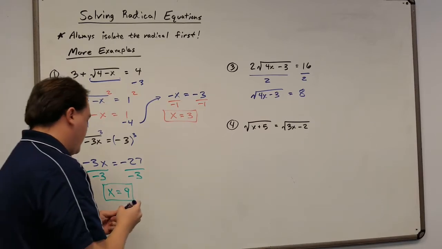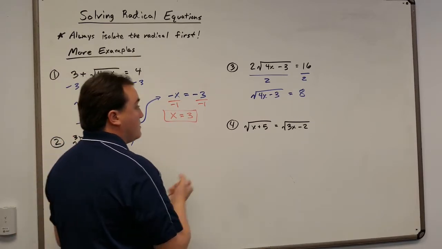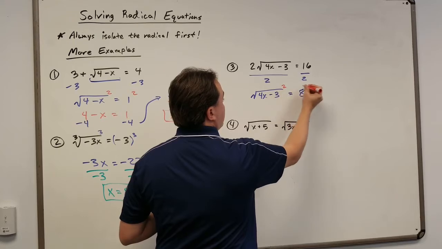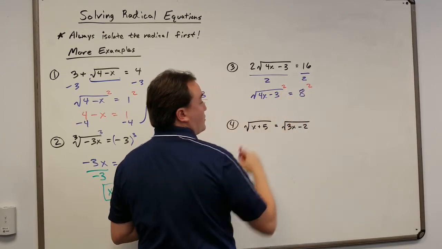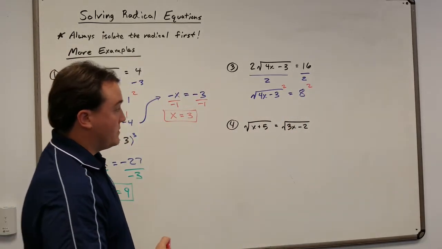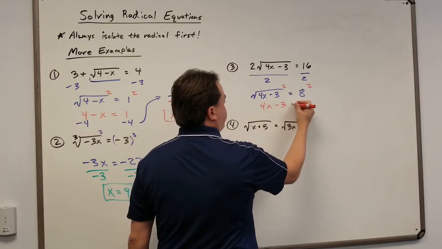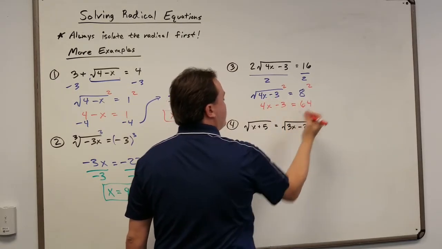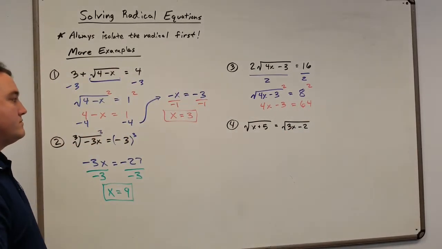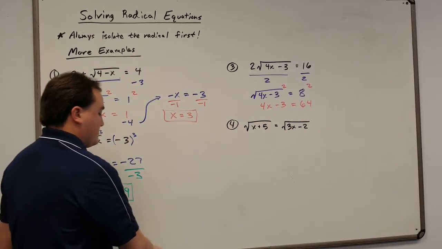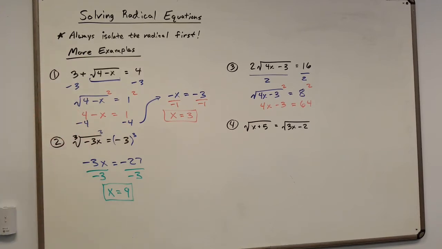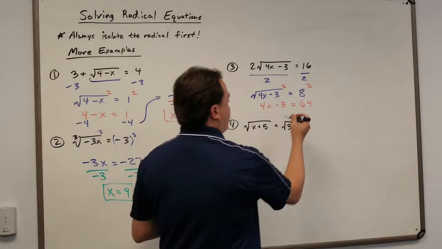Then square both sides. Notice this doesn't equal a negative, so our answer is going to be correct. So we get 4x minus 3 equals 64. You add 3 to both sides.